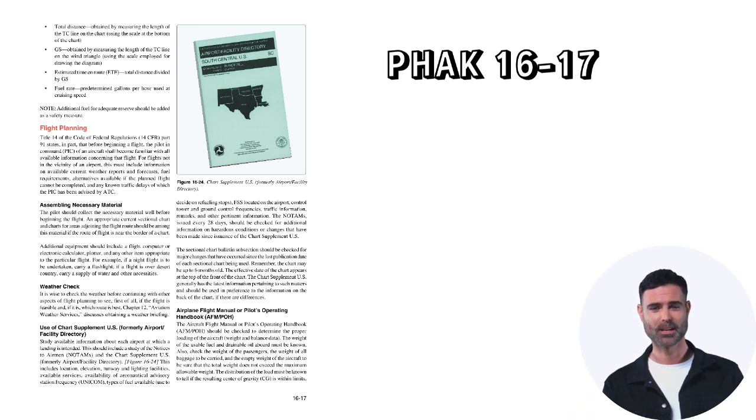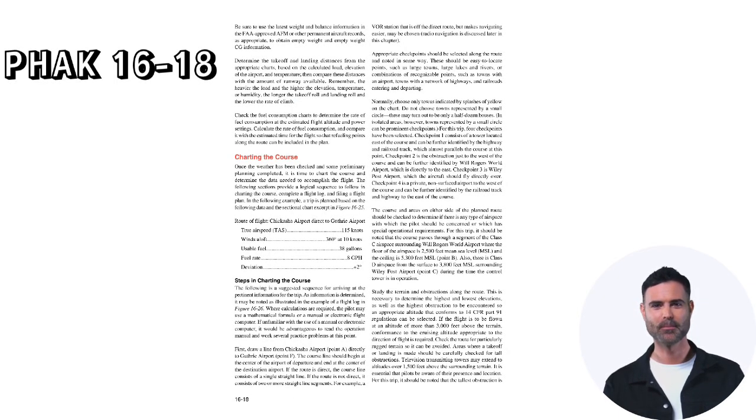Also, check the weight of the passengers, the weight of all baggage to be carried, and the empty weight of the aircraft to be sure that the total weight does not exceed the maximum allowable weight. The distribution of the load must be known to tell if the resulting center of gravity (CG) is within limits. Be sure to use the latest weight and balance information in the FAA-approved AFM or other permanent aircraft records, as appropriate, to obtain empty weight and empty weight CG information.